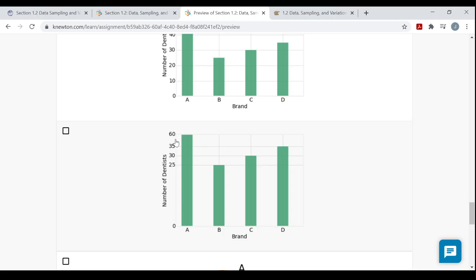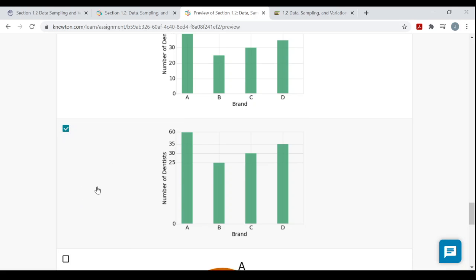Sure, these are 5 apart, but then this block here is 25 apart. And it makes you think, if you didn't look at the numbers, that brand A and brand D had very similar numbers, very close, but they're actually 25 off as opposed to 5 off, which brand B and C are only 5 off. So this is misleading because of the scale on the side.